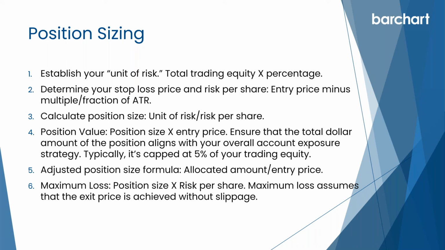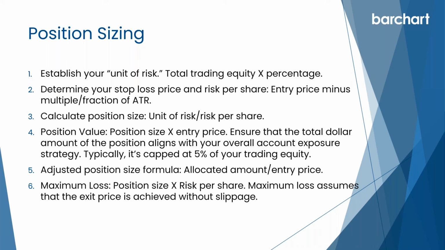position sizing. All right, so this is where it starts to get fun. So position sizing fulfills two maxims for us. First of all, it helps us optimize our unit of risk, while keeping us in check so we don't over allocate, commit too much capital to one particular stock.